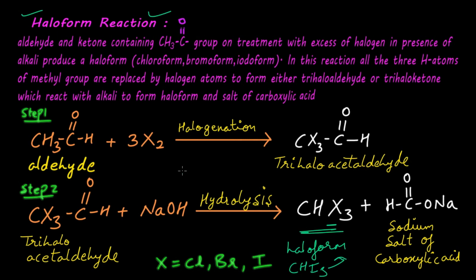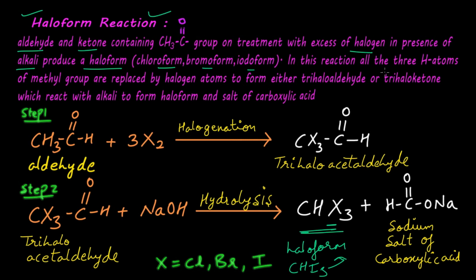So first of all, let's see what is given in the haloform reaction. I am reading this out. Aldehydes and ketones containing CH3CO group on treatment with excess of halogen in presence of alkali, that is base, produce a haloform, and that haloform could be chloroform, bromoform or iodoform. Fluorine is not there.